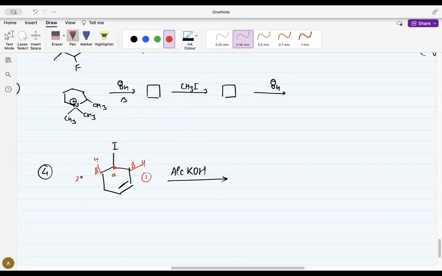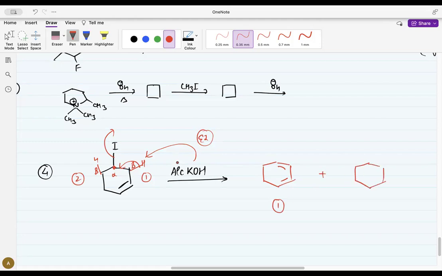So first possibility, second possibility. If I make the first one, I can take hydrogen from here, make a double bond this side and remove I minus. This is E2 elimination, so I make a double bond here. This one is my first product. The second one, if I do, I will take hydrogen from this side, make a double bond here, remove I minus. So our product will be this double bond.